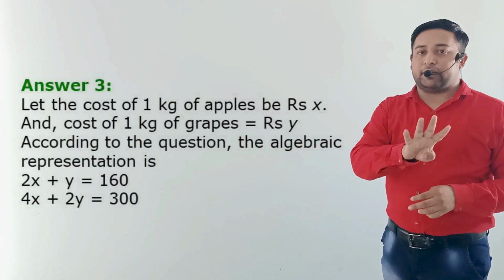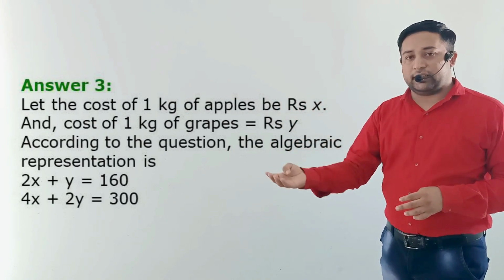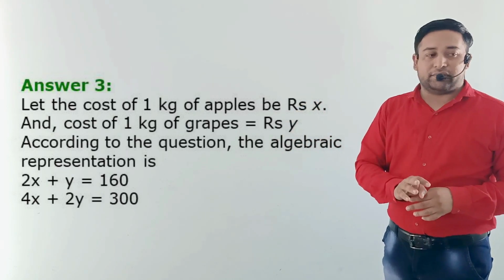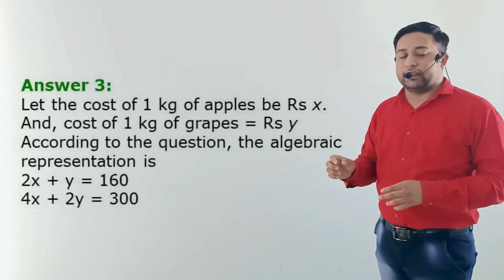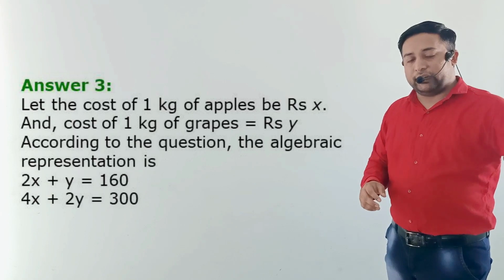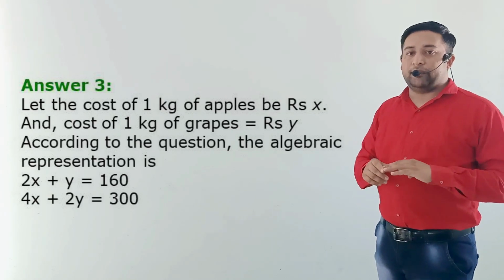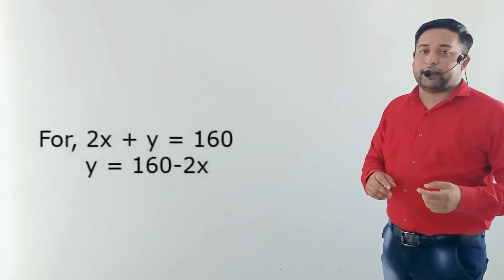So 4 kg apple 4x, 2 kg grapes 2y, total cost 300. So I got my second equation, 4x plus 2y is equal to 300. So here I got both the equations. I converted the given problem into algebraic form. Now my next task is to convert it into a graph.